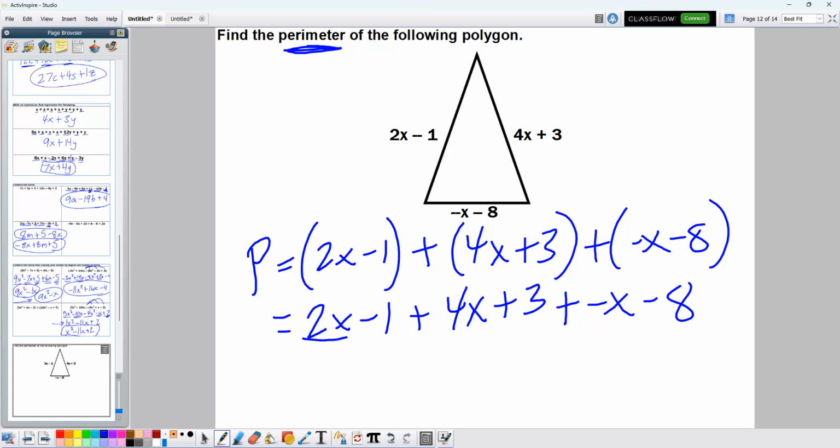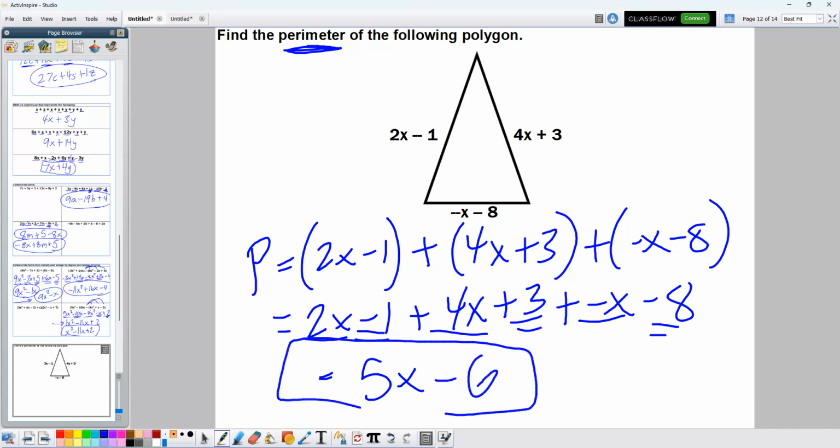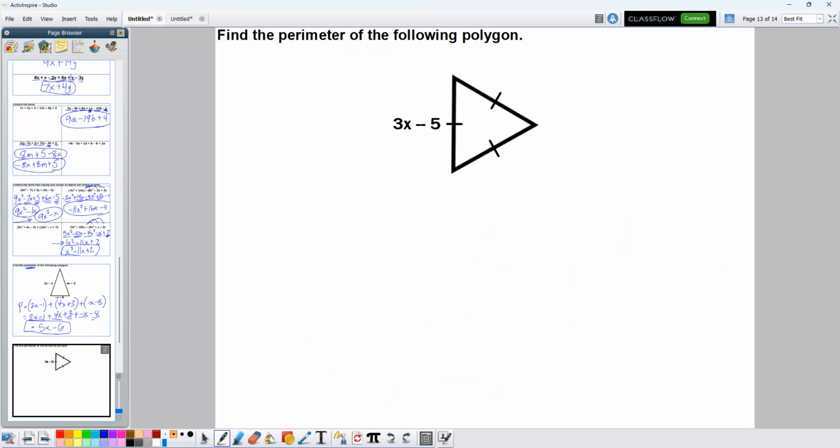That would be 2x plus 4x would be 6x, minus 1x would be 5x, and then negative 1 plus 3 minus 8 would be, what, negative 6? Your perimeter is 5x minus 6.